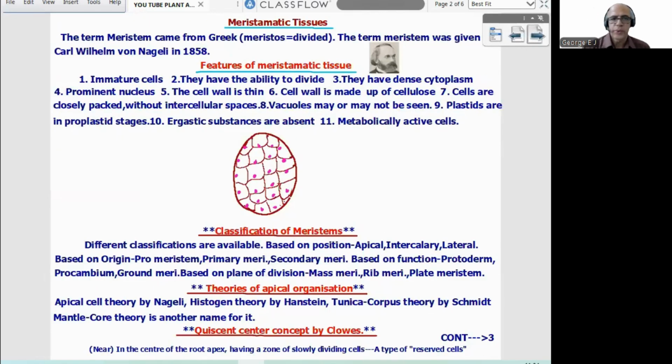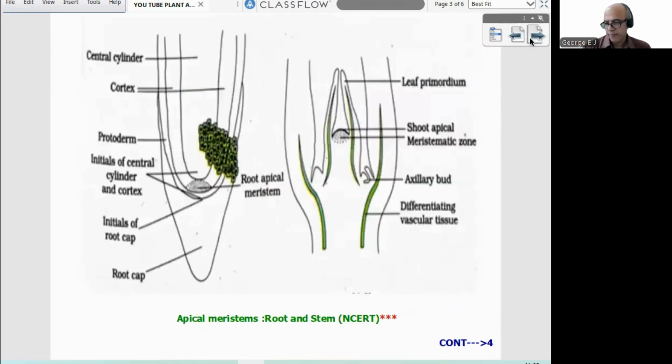Then we entered into the detailed study of meristematic tissue, the term meristem, its meaning, then Nageli's photograph, then features of meristematic tissue, then classification of meristem based on position, origin, function, plane of division, then theories of apical organization, the quiescent center concept by Clowes, the reserve cells near the middle of the root apex, then 2 diagrammatic representations, root apex and stem apex, presently not there.